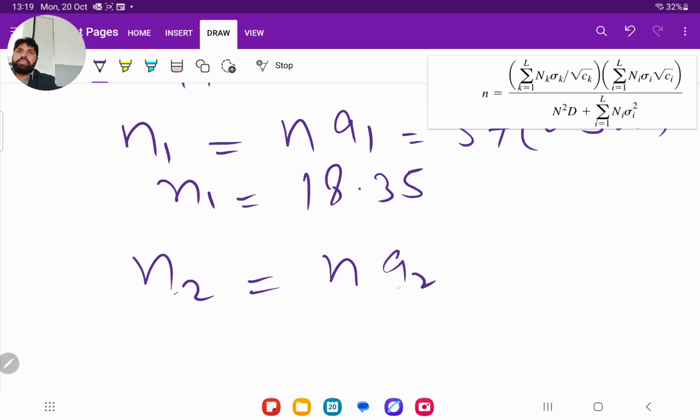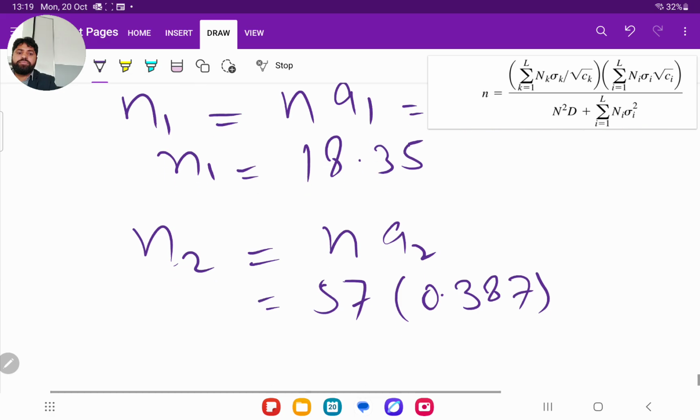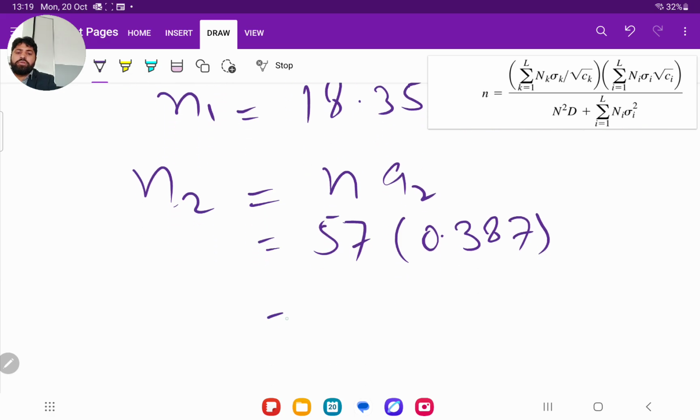Now for n2 it is N times A2. So you have 57 for your N, and what is A2? 0.387. What is the answer of n2? 22.059.